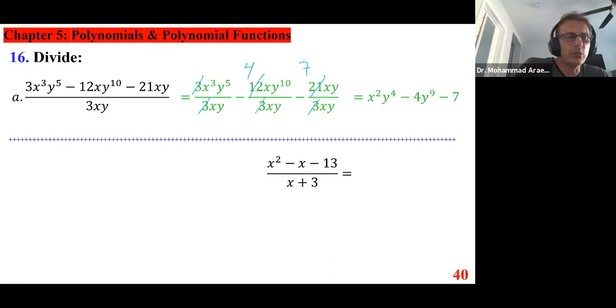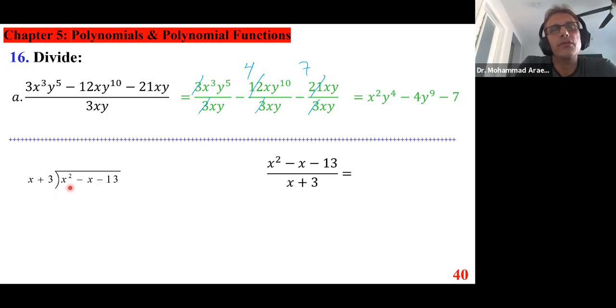All right, now that we have x plus 3 in the denominator, we can do long division, also synthetic division. So let's go with long division and see how it's done. The way long division works, you write it in this fashion, and just the way you divide numbers, and I have that explained in my PowerPoints, you sort of guesstimate.